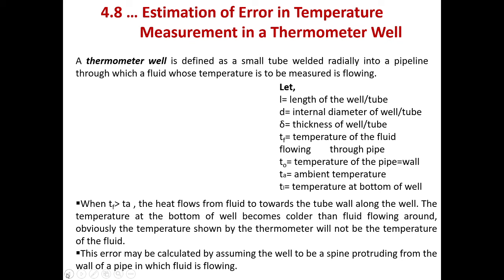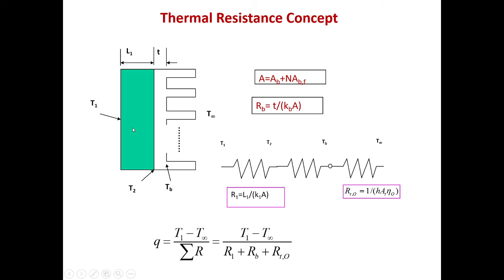First resistance is this, second is this, and third is this. So here we can write that R1 equals L1 upon K1.